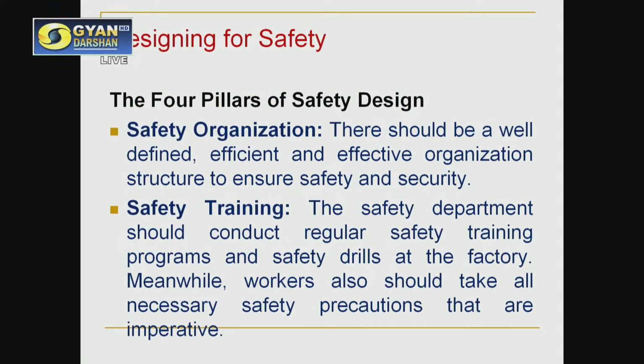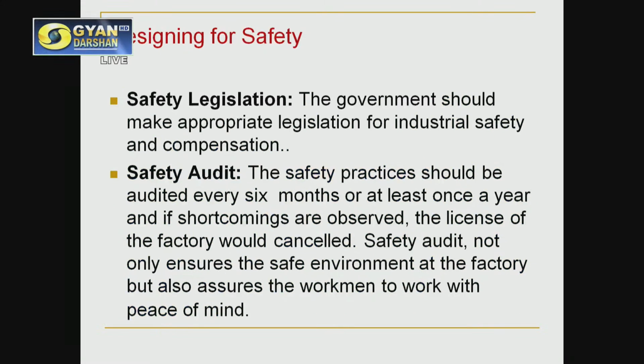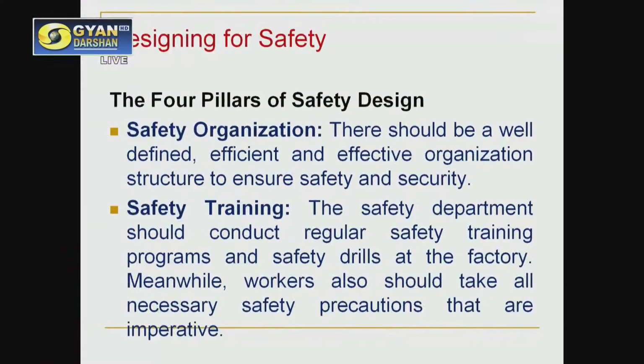While designing safety, there are four important pillars we have to consider: safety organization, safety training, safety legislation, and safety audit. These are the four important pillars which help to design the industrial safety rules and acts. Pillar number 1 is the safety organization.